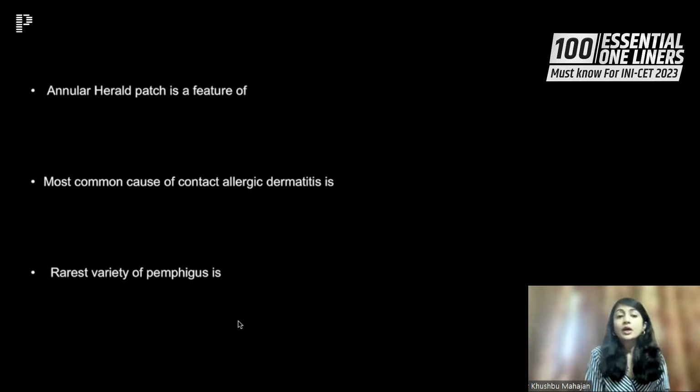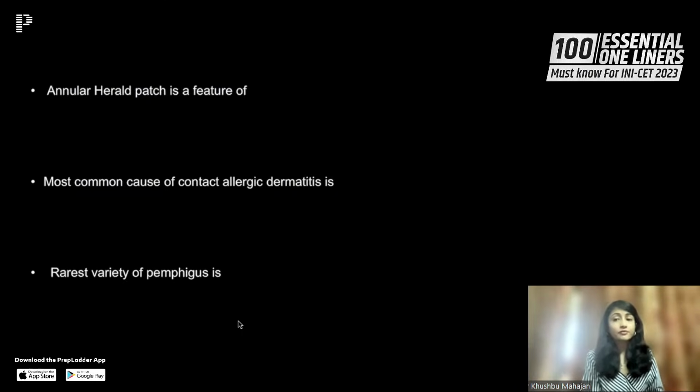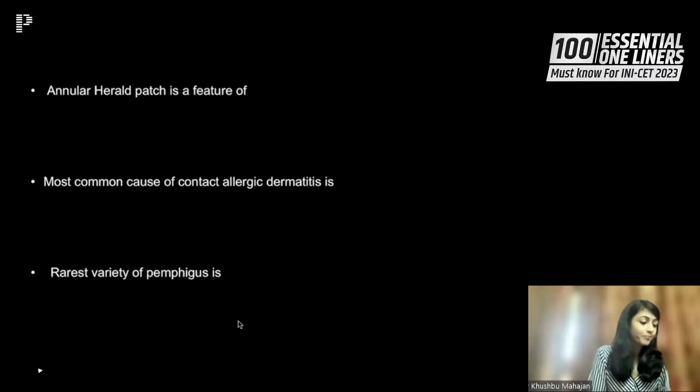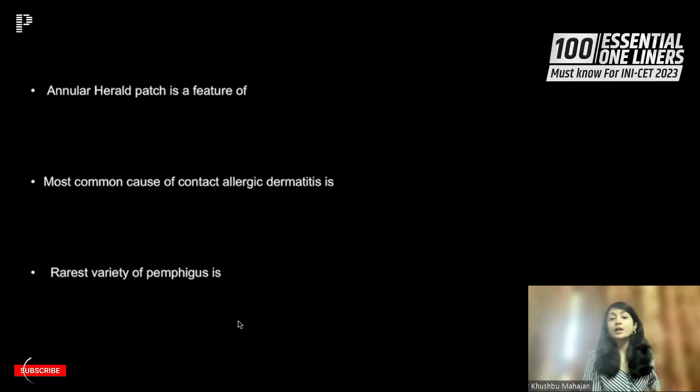Next question. Annular herald patch is a feature of? So for vitiligo, it would not be Addison's disease. It is thyroid disorders, right? Annular herald patch is a feature of?